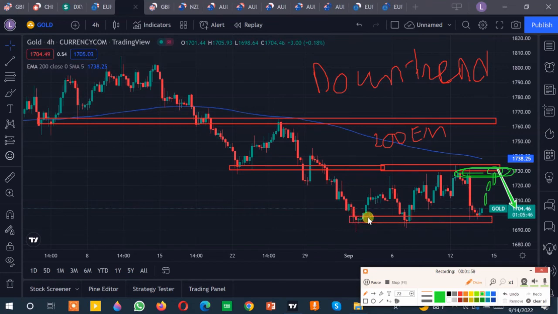Yes, obviously this is a strong support, and from this strong support a bullish movement has already started, but it is against the trend. For this reason we do not make any buy position here. Always we need to try to keep ourselves towards the trend.